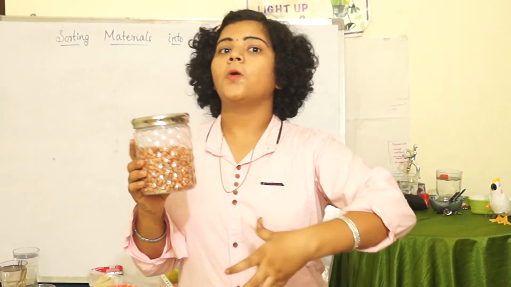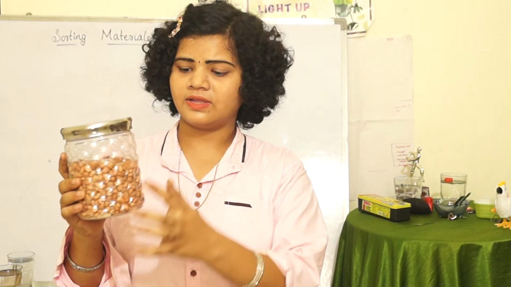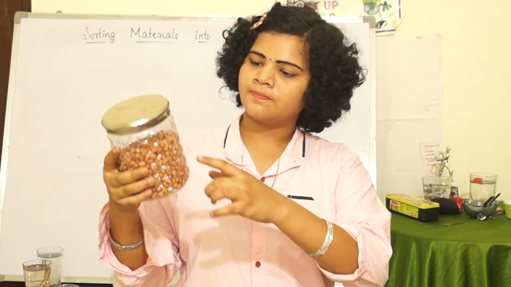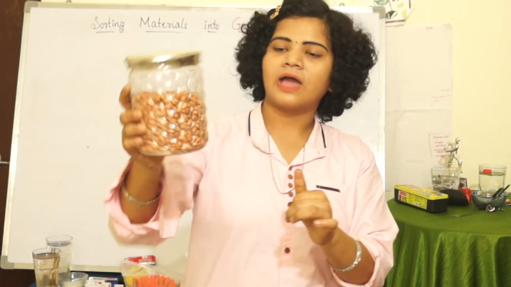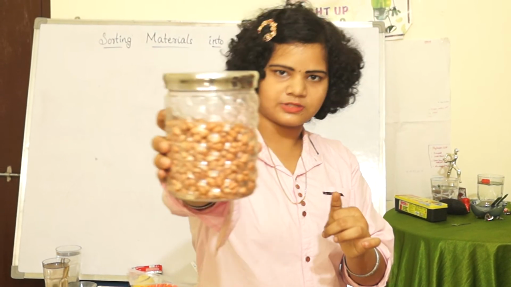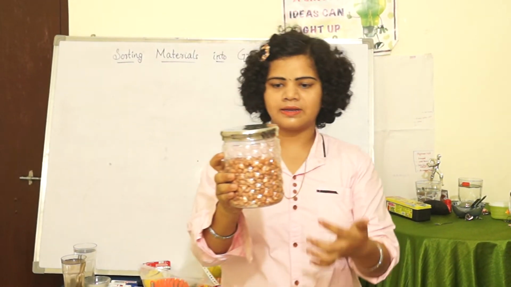You have so many spices stored in a transparent box or transparent bottle. Inside this one I placed some groundnuts, and I think you are able to see these groundnuts, right?